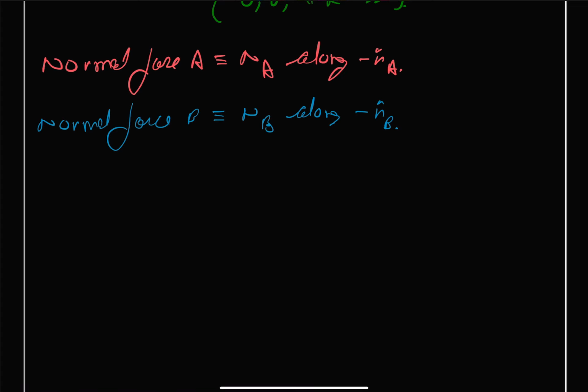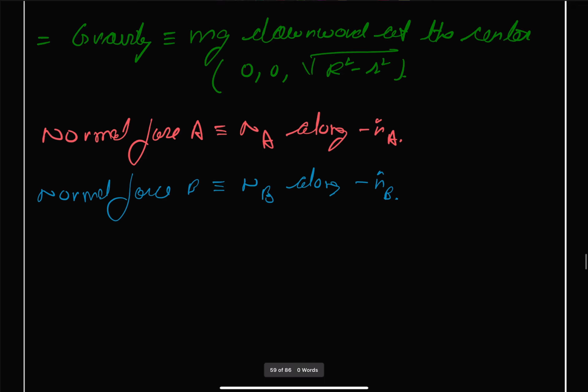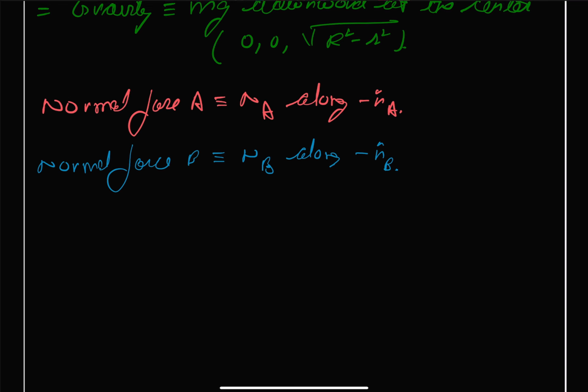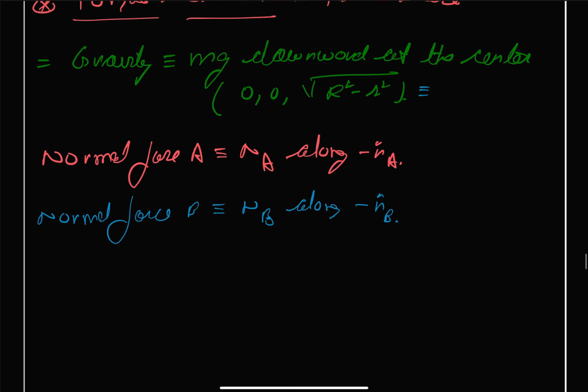So we already know the two components of our mg, that is mg sine theta as well as mg cos theta. You can say that mg has two components: in the x direction, which is mg sine of theta, and in the z direction, which is mg cos of theta.